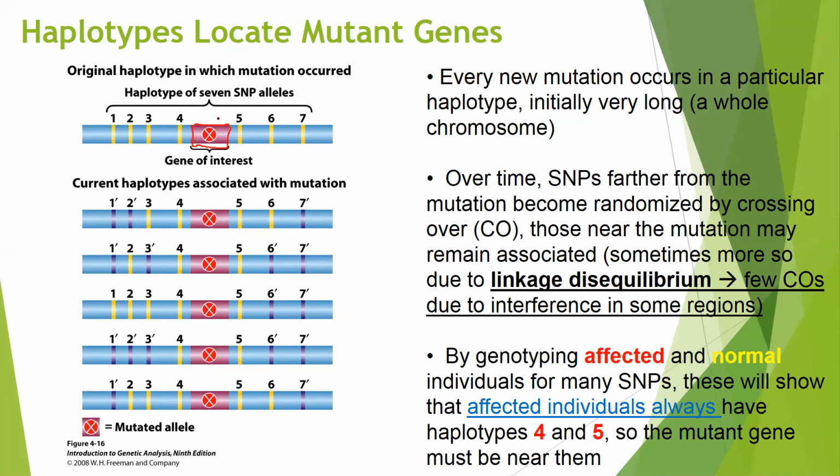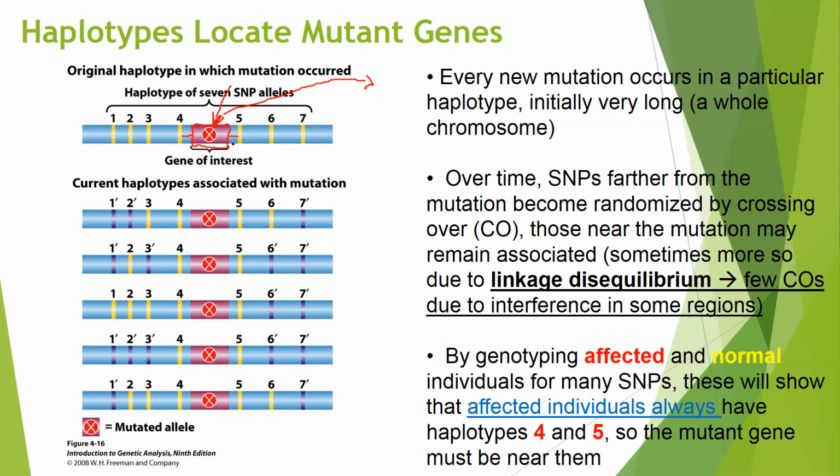However, many years ago, in one individual, maybe because of radiation or a chemical exposure, or just a random mutation, the mutation occurred and destroyed the function of the gene, and this individual became affected by the disease. The mutation only affected the gene function, not the linkage between these markers and the gene.